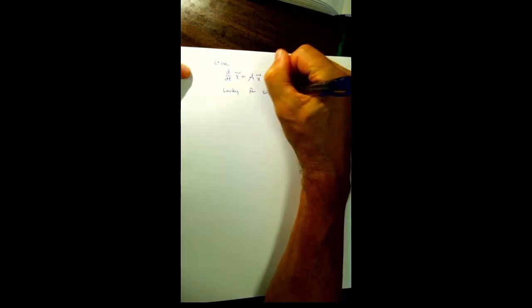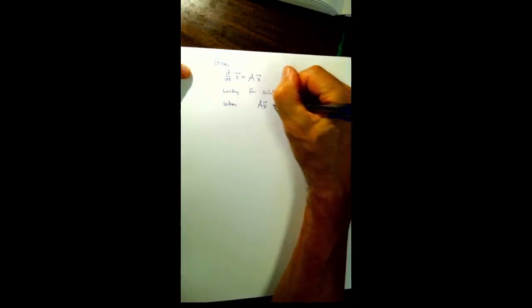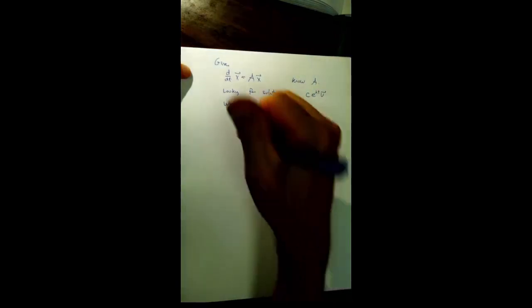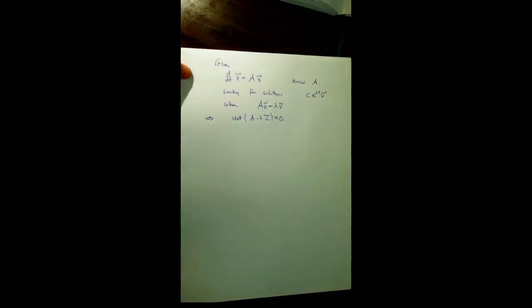So we're assuming at this point we have a differential equation. We know A. We are looking for solutions, and we know that they're going to look like C times e to the lambda t times v, where AV equals lambda v. And we just decided that that implies that the determinant of A minus lambda I has to be 0.